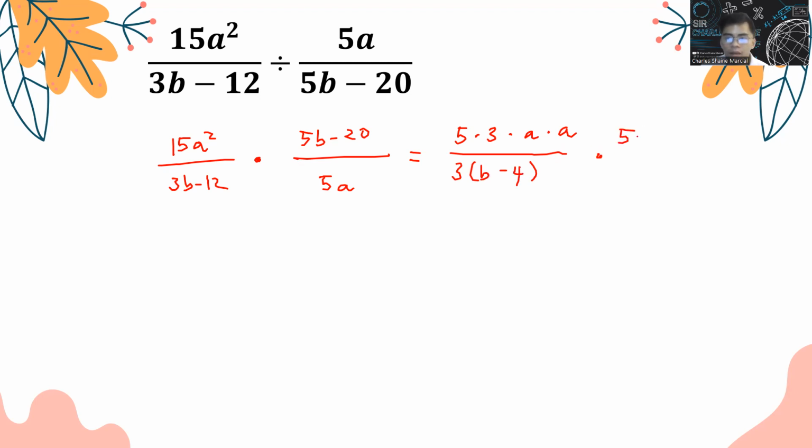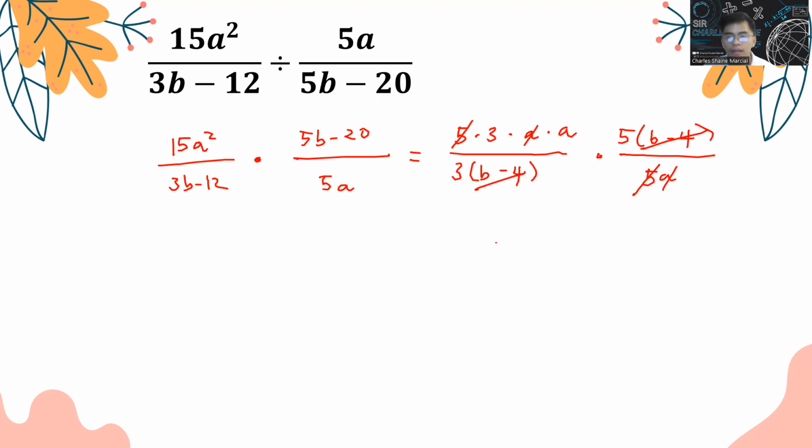So, 5 naman, i-factor out natin times the quantity of b minus 4 since 5 times negative 4 is negative 20. Then copy 5a. And then after that, cancel out the common factors. 5, yung a, cancel out, and also b minus 4.